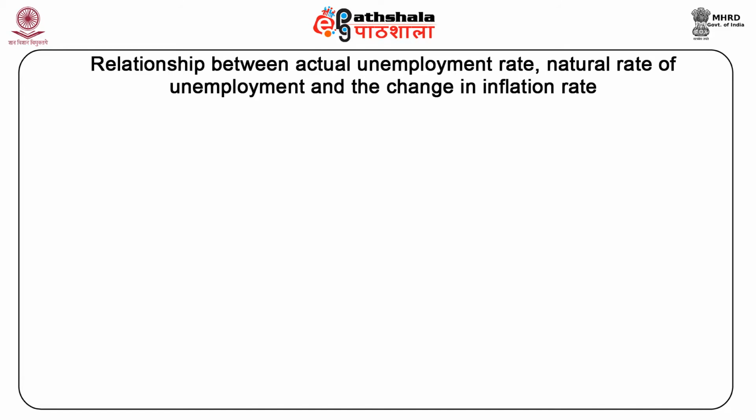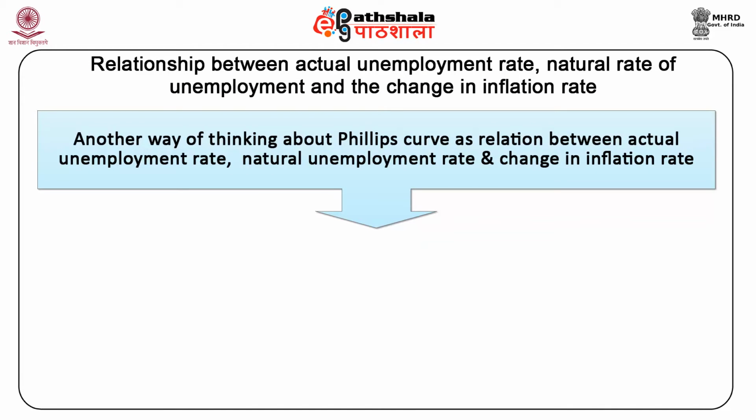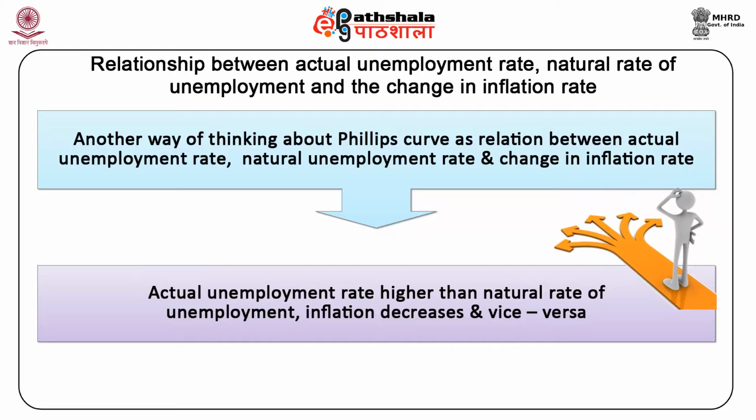This gives us another way of thinking about the Phillips curve as a relation between the actual unemployment rate, the natural unemployment rate, and the change in the inflation rate. When the actual unemployment rate is higher than the natural rate of unemployment, inflation decreases and vice versa.